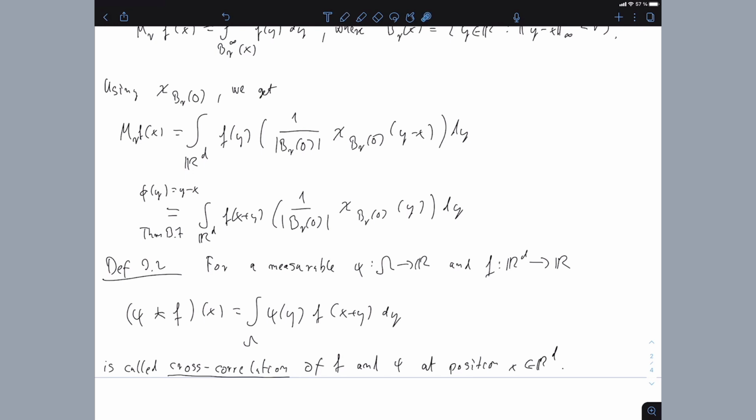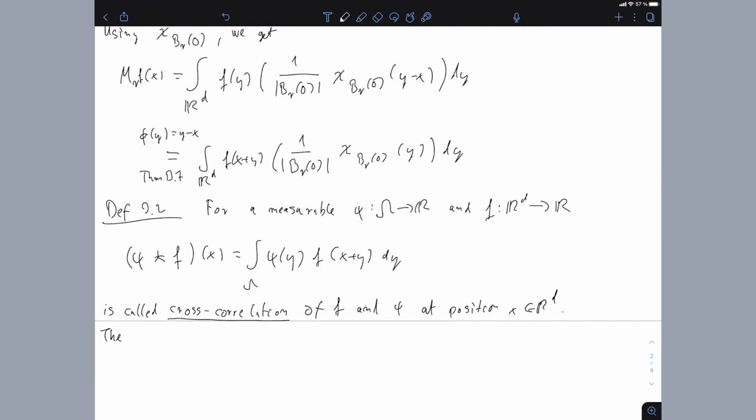You can just think of this as moving your filter psi to a position x, and then building the weighted average of your image with your filter. The easiest average would be just the mean, where everything gets the same weight and all weights add up to 1, or integrate to 1. But this is the general structure.